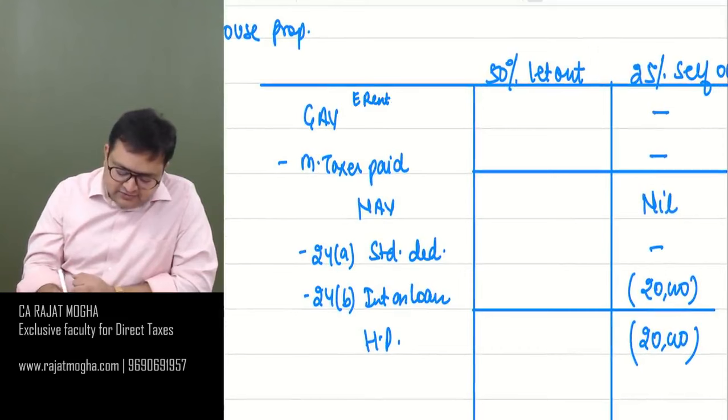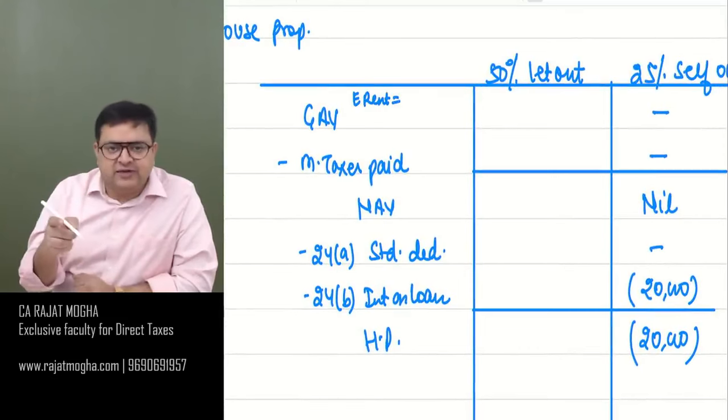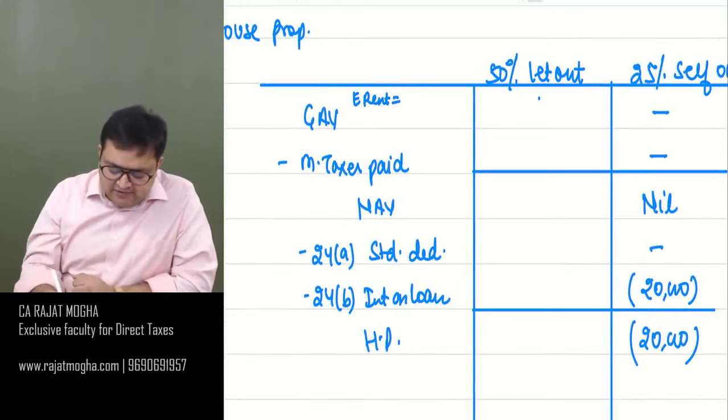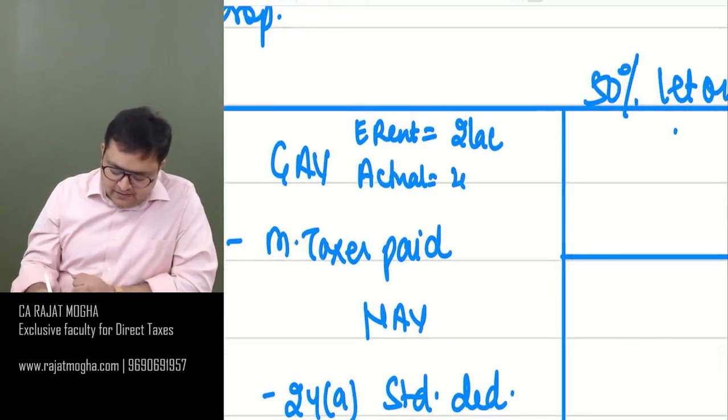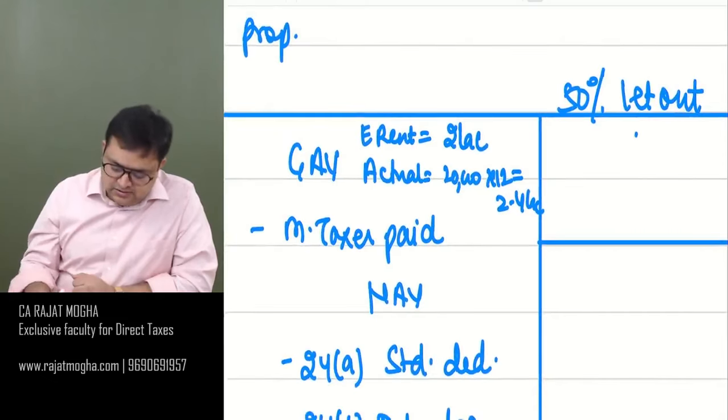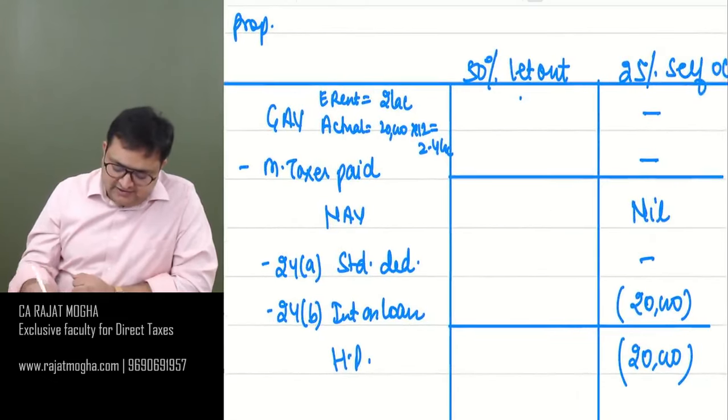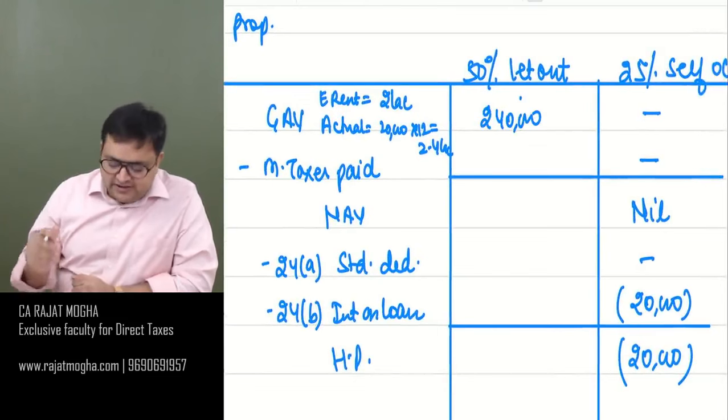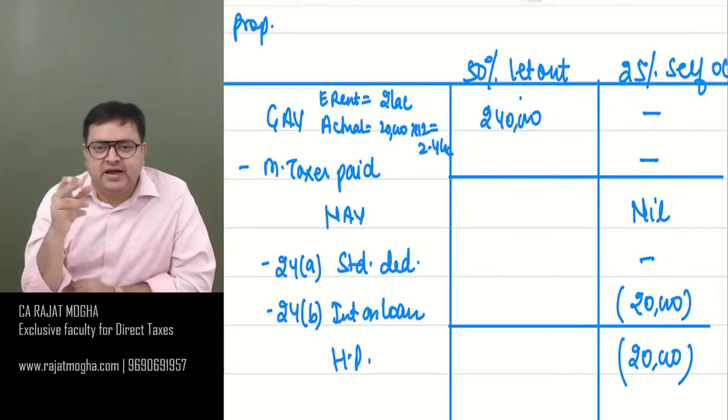GAV. Expected rent, we calculated 4 lakh for the entire one. So now here it will be 2 lakh. And actual rent was 20,000 into 12, 2.4 lakh. So whichever is higher, it is 2 lakh 40,000. Tell me how much was the municipal taxes for the entire house.